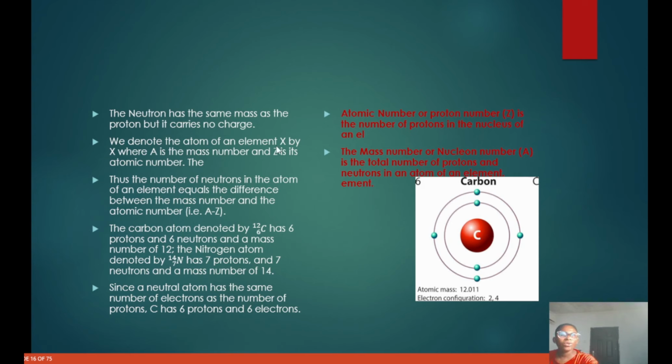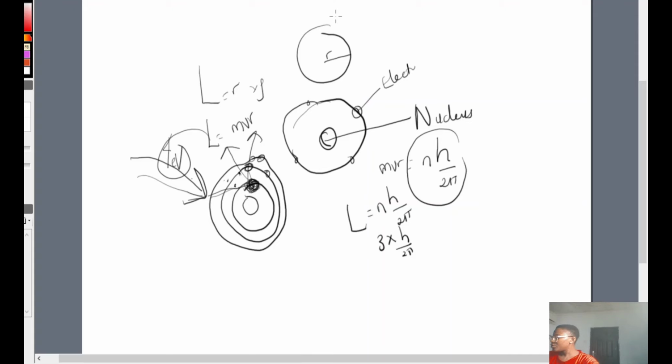We denote the atom of an element by X, where A is the mass number and Z is its atomic number. Let's go to our board to quickly check that. If we have an element X, A is regarded as the mass number and Z is the atomic number.